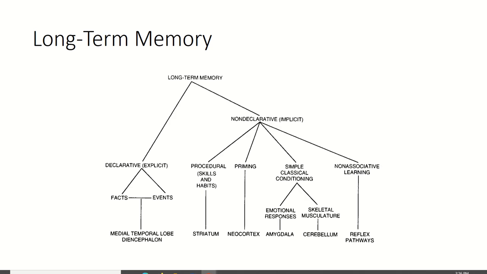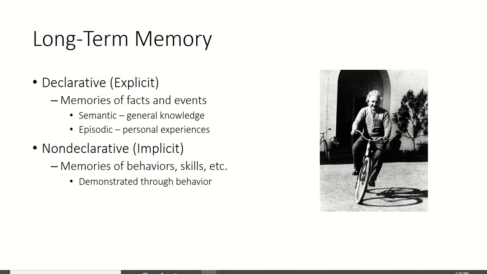In terms of its organization, I already laid out the distinction between declarative and non-declarative memory, and you can see it nicely here in this picture of Albert Einstein. Albert Einstein obviously has a tremendous amount of declarative knowledge about physics, where he can write formulas, explain to people how physics works, and so forth. That is declarative memory.